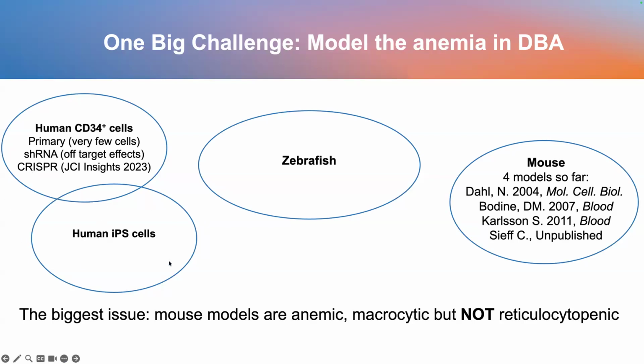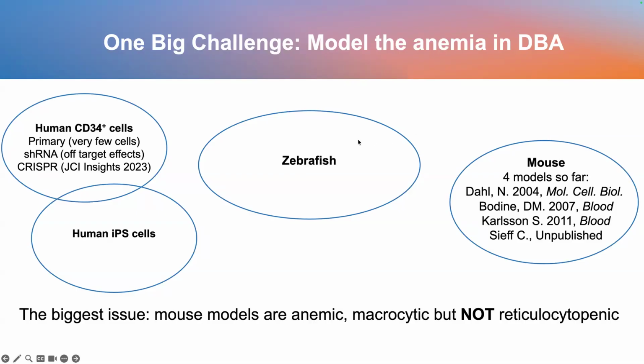Then you have the human iPS cells. The problem with these cells, of course, is that when you go towards erythropoiesis, you go towards a more primitive lineage and differentiation. So that's kind of an issue.